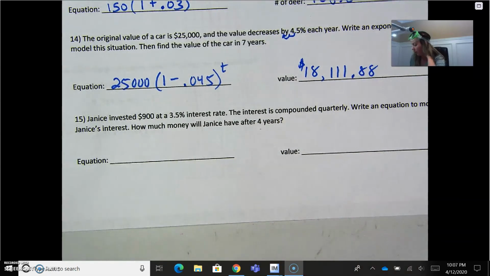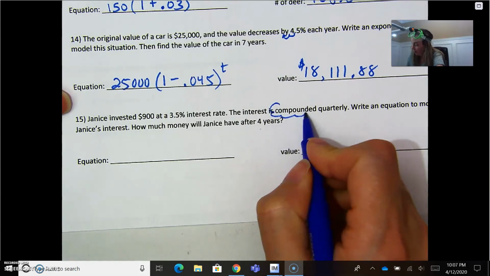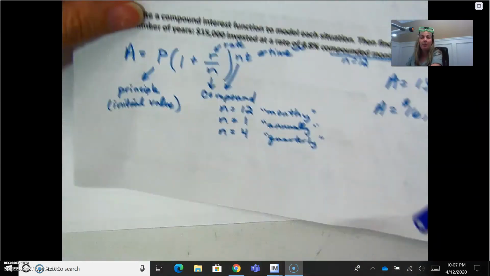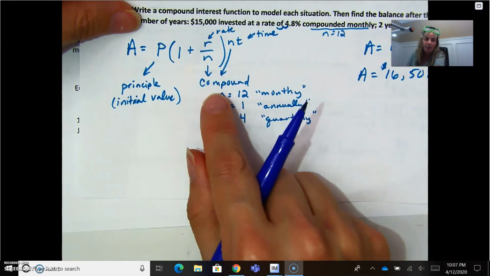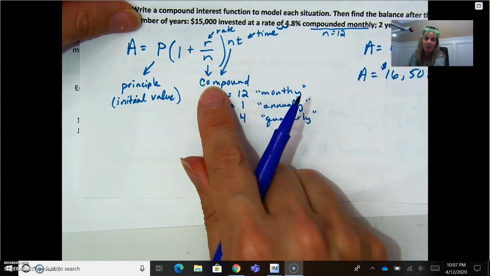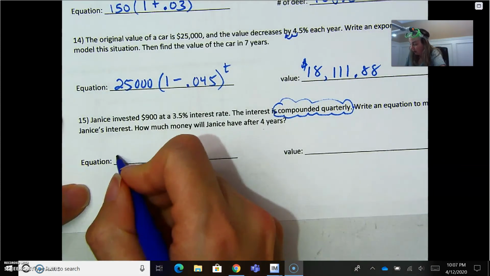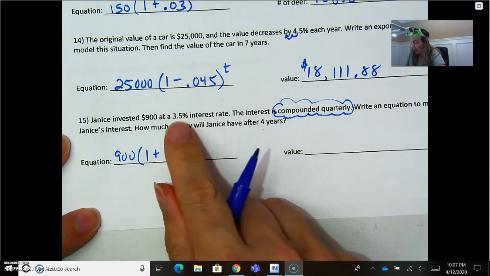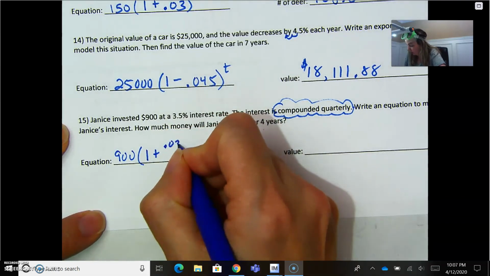All right. Check out number 15. This one's going to be a little bit different because of this word compound. If you remember from our formula before break, compound has a little extra step, right? This n is going to happen twice. So our investment, that's our principal, $900. We're investing at 3.5%, so when you drop that percent symbol, it's 0.035.